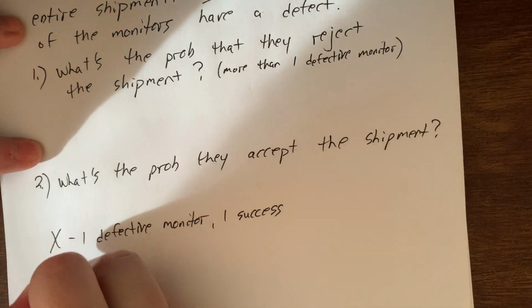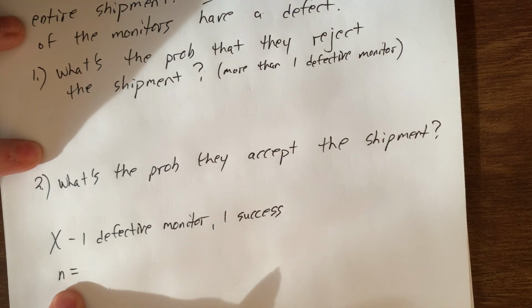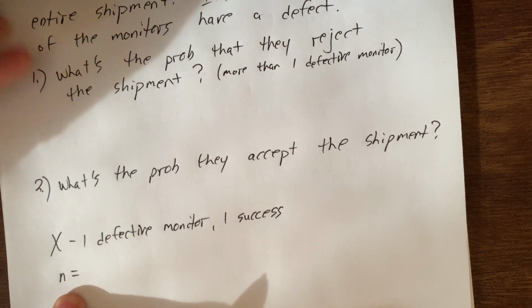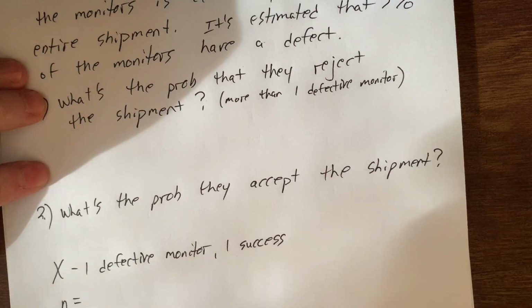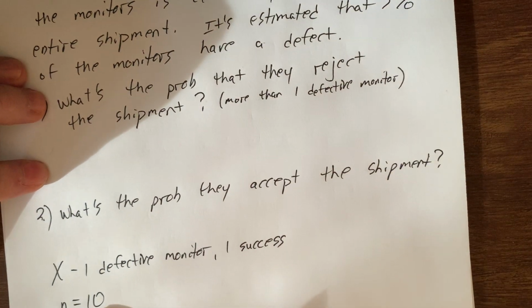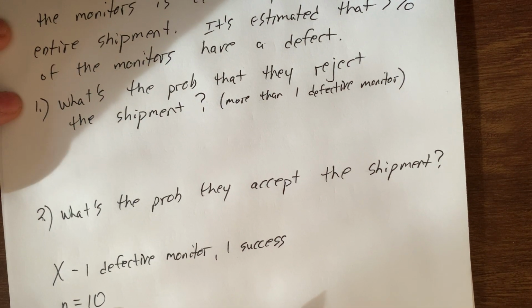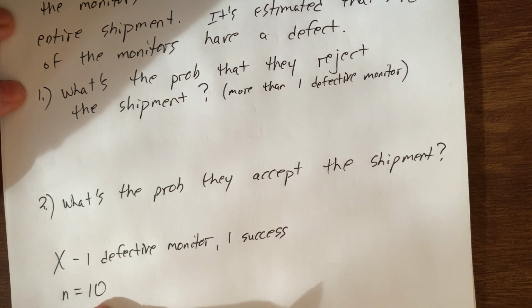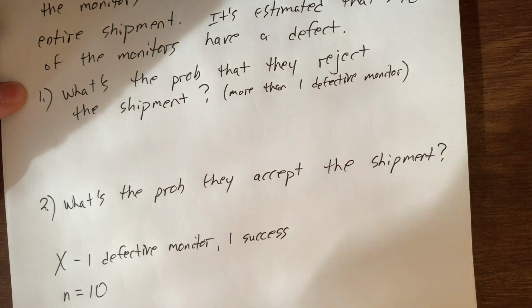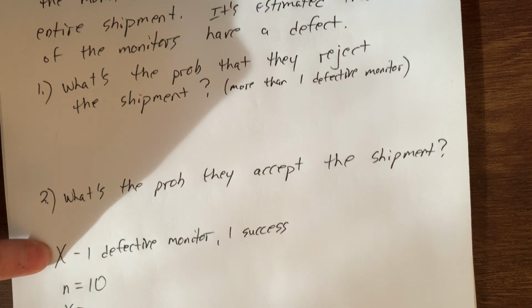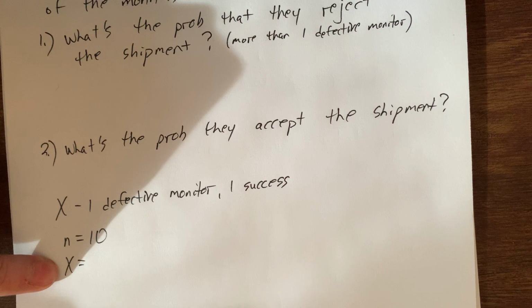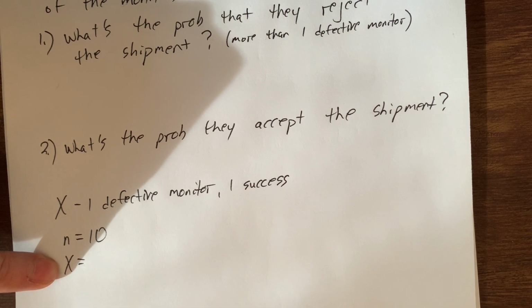So now with that setup, N: how many trials are we running? We're testing 10 computer monitors. Each one of those would be its own independent experiment. Next, I know what one success is. How many successes do I want?